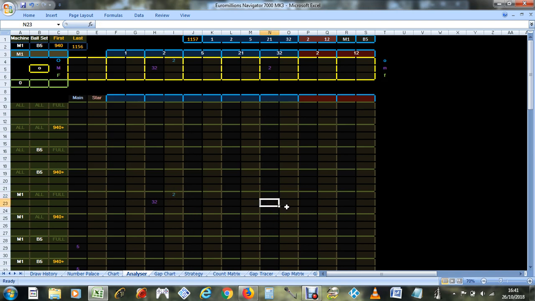Also, when we look at a chart for number 32, main number 2 was most overdue for its frequency with 32, so 2 and 32 outstanding with each other. And when we look at recent history, then we get nothing.